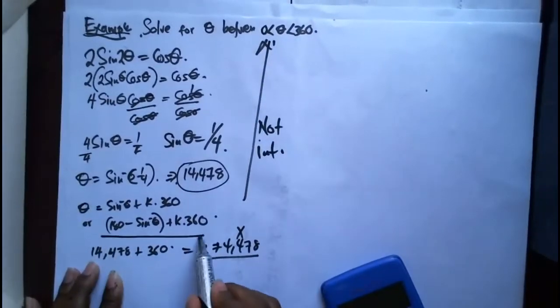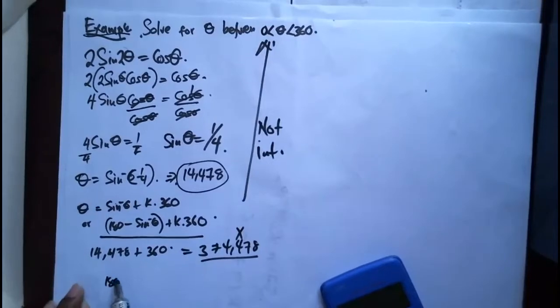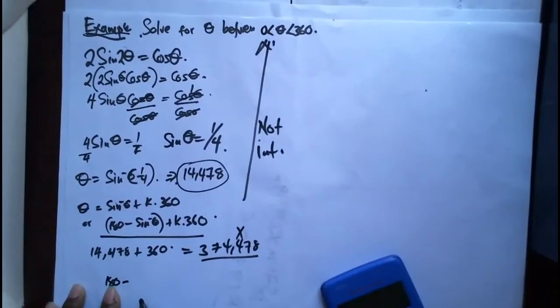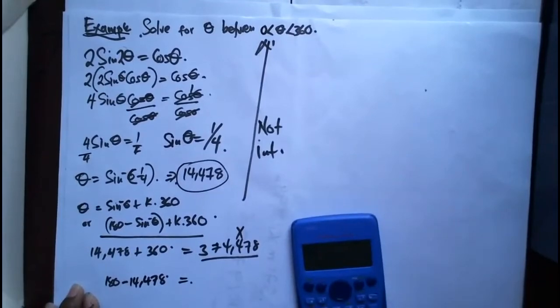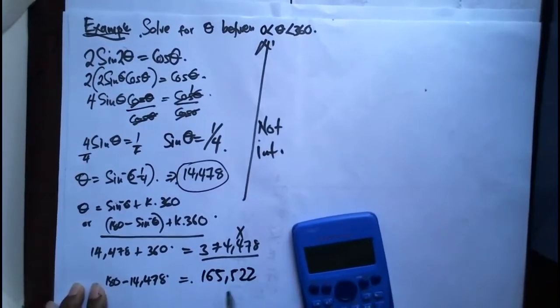So I'm now going to use this formula, which says 180 minus. The first one is 14.478, so 180 minus 14.478, I get 165.522.